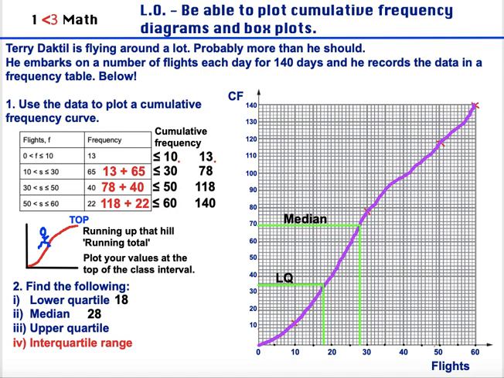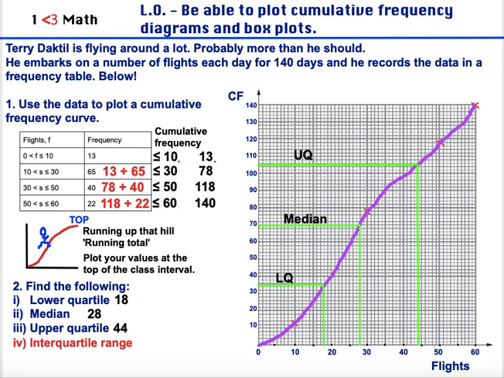The upper quartile, a little trick is you can add the lower quartile and the median together in terms of where you went in on the cumulative frequency, or you can say 3/4 of your total cumulative frequency. Either way, that's going to be 105, 35 add 70, or 3/4 of 140. So we go in at 105, and again we go down to our number of flights, so the upper quartile is 44.